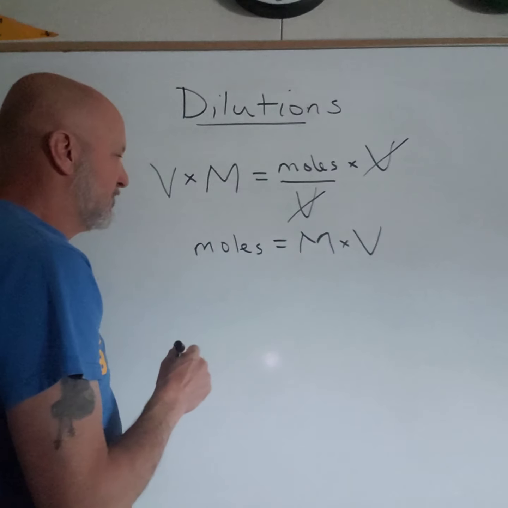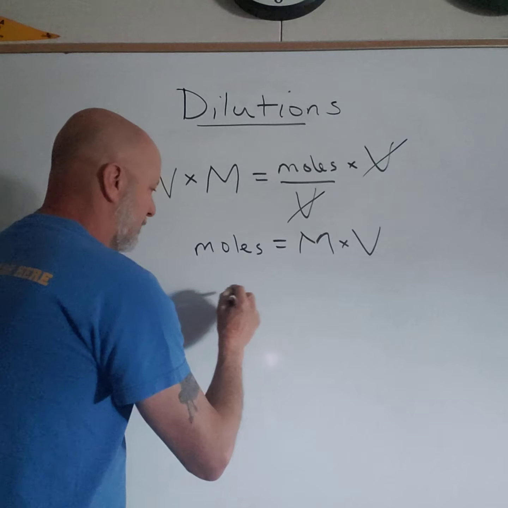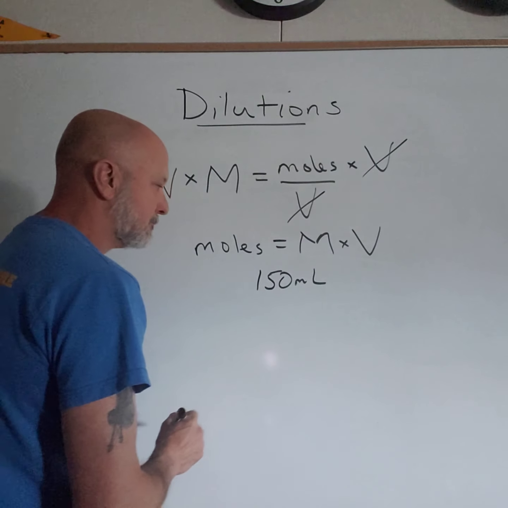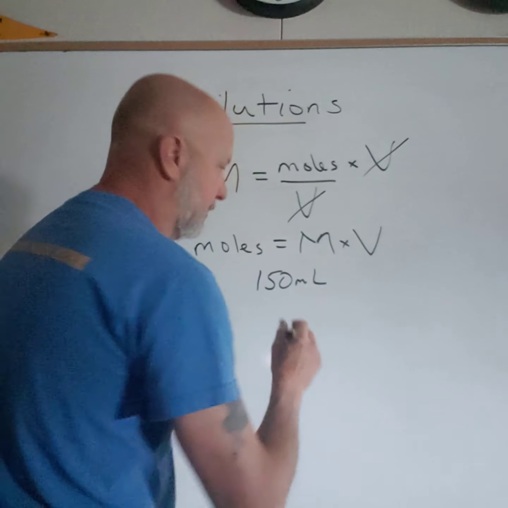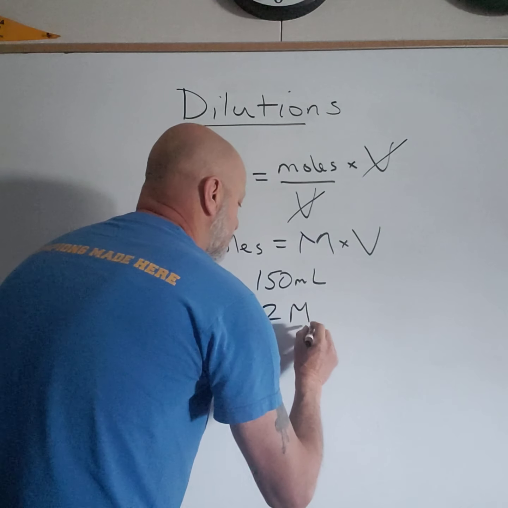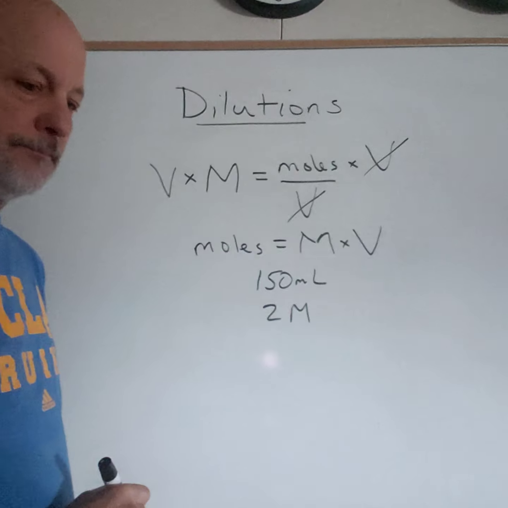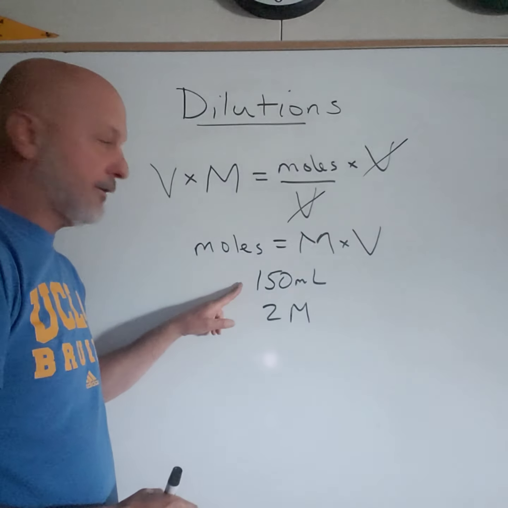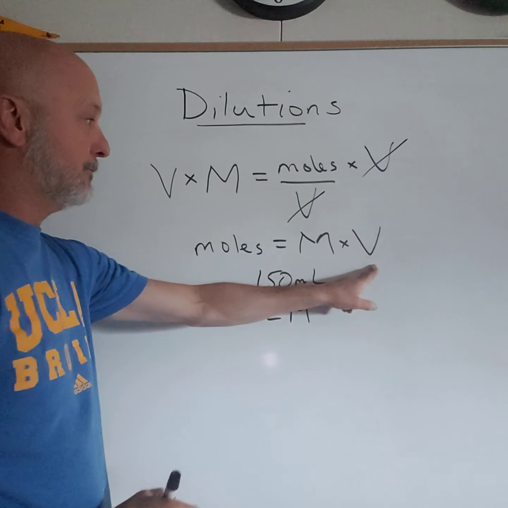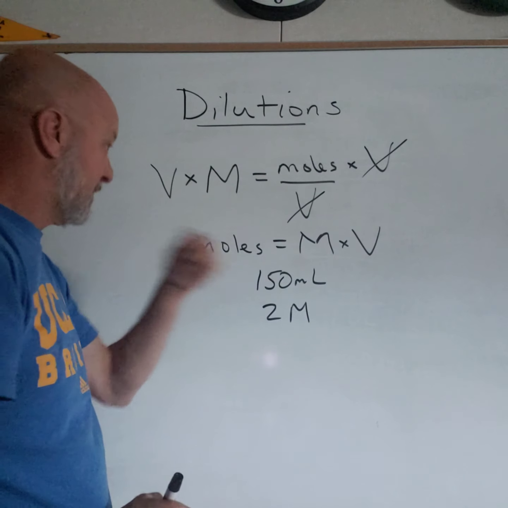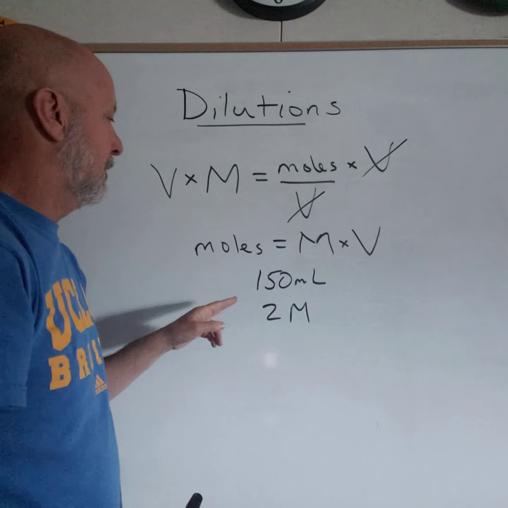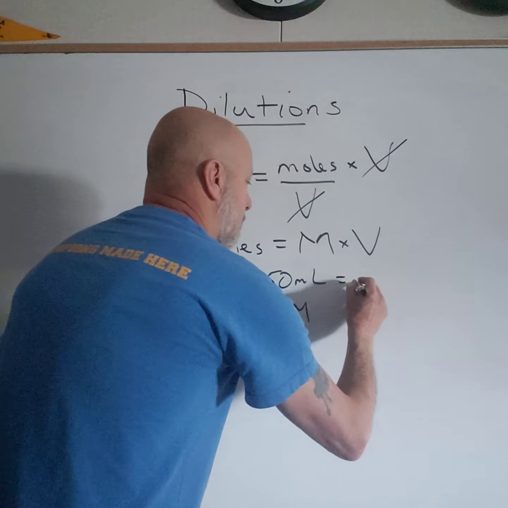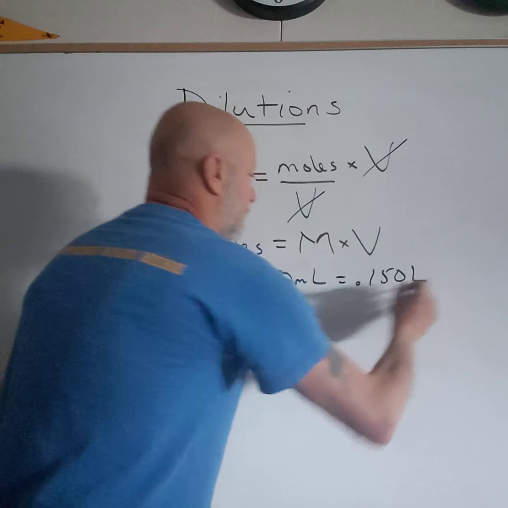As an example, let's say I have 150 milliliters of a 2 molar solution. I'm going to change my volume to liters because the volume for this equation needs to be in liters. 0.150 liters, right?